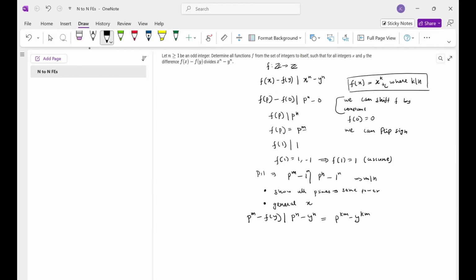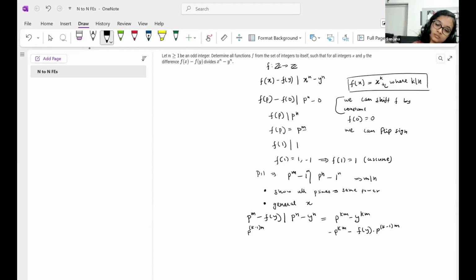So what you can do here is multiply the left hand side by p raised to k minus 1 times m. Then you subtract this. So then what you get is p raised to m minus f of y divides this.